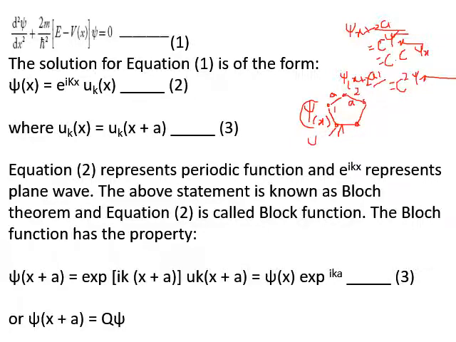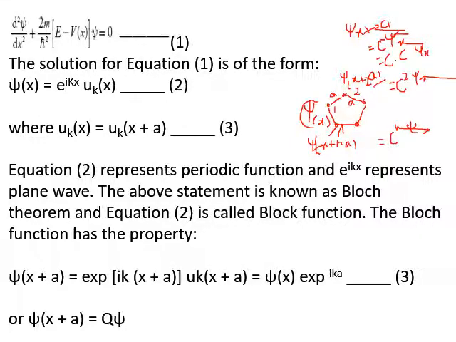The value is psi(x + na). Now the particle moves from this nth position back to the x position. So psi(x + na) is equal to psi(x), if and only if it is multiplied by a coefficient c raised to the power n.